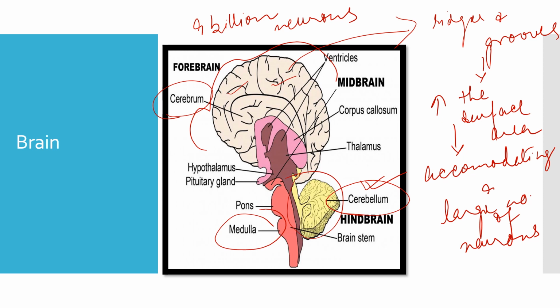So what happens when a person is alcoholic? The cerebellum is getting affected when a person is alcoholic. That is why an alcoholic person is unable to coordinate his muscular movement. When you tell them to walk or stand, their muscular movements are not proper.